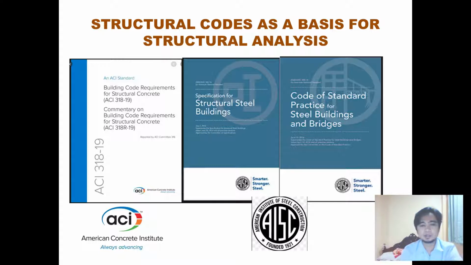Actually, these loadings came from references like the American Concrete Institute or ACI, if we want a reference on concrete. So we refer to ACI 318-19. If we want a reference for structural steel buildings, we would refer to AISC or the American Institute of Steel Construction.